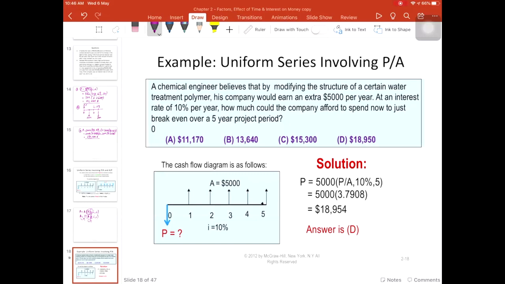Duit masuk. Interest rate of 10% per year. How much could the company afford to spend now to just break even over a 5 year project period? That means you have to find P, because it's afford to spend now. That's a keyword for the P. A is given, 5,000 ringgit.